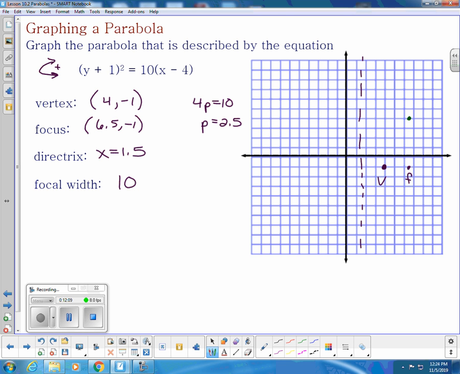You need a total of 10. The directrix is 2.5 units from the vertex the other direction. 2.5 forward, 2.5 back. That p-value, very important.